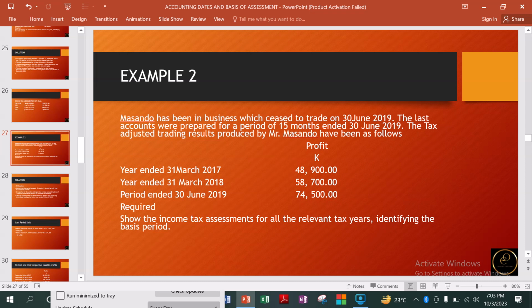We are being told the last accounts were prepared for a period of 15 months. So Mr. Masando was ceasing to trade, and we are using cessation of business rules. The last accounts were prepared for a period of 15 months, which means that we have to split them into 2. How?